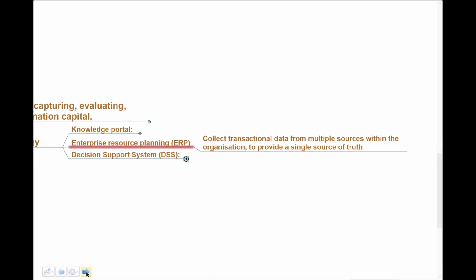Perhaps, and these are just examples, an ERP of some kind, where data from many, many different sources will be collected, as it says here, a single source of truth for the business, a sort of knowledge house, as it were.